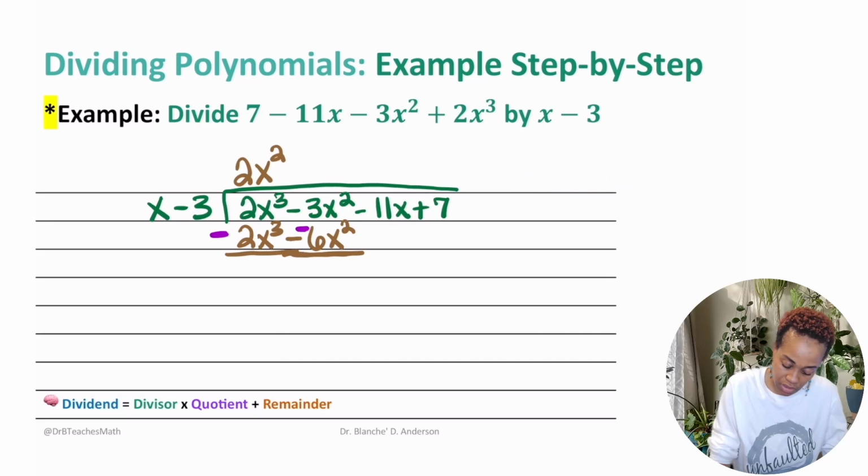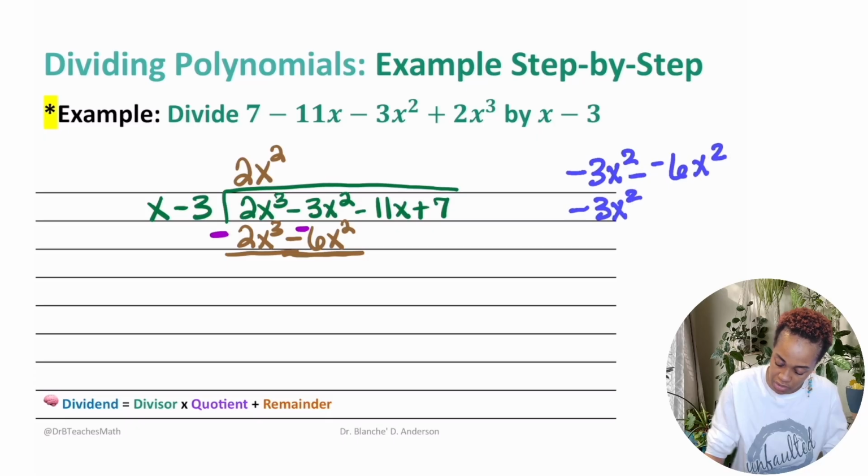Okay, so then I'm going to put a positive 3x squared. I said that too fast, didn't I? Let me write that again so you can see it, because I don't want to say it too fast. Minus 3x squared minus a negative 6x squared. A minus next to a negative becomes a plus.